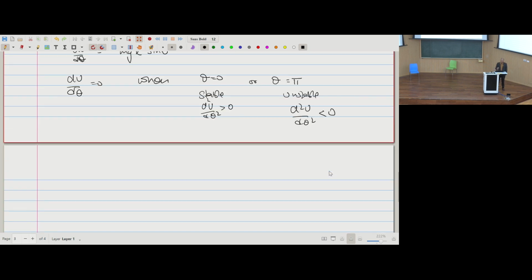There are also systems which look something like this. Anybody knows what these are called? So this point is called metastable equilibrium.